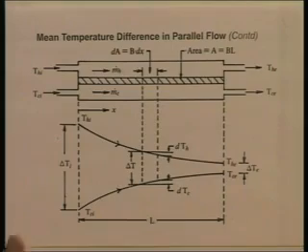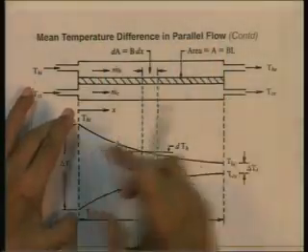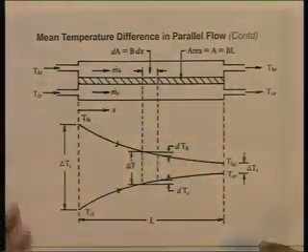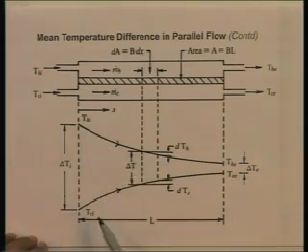Now, the delta Tm, the mean temperature difference for this heat exchanger, is going to lie between these two extremes, delta Ti and delta Te, some value in between. We want an expression for delta Tm in terms of Thi, Tci, The and Tce.